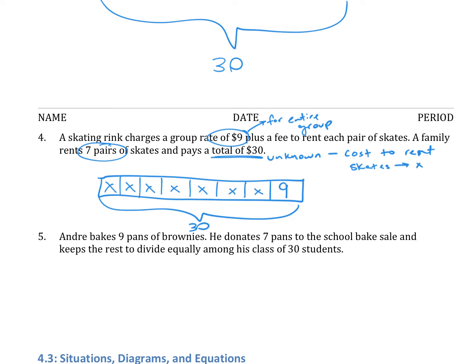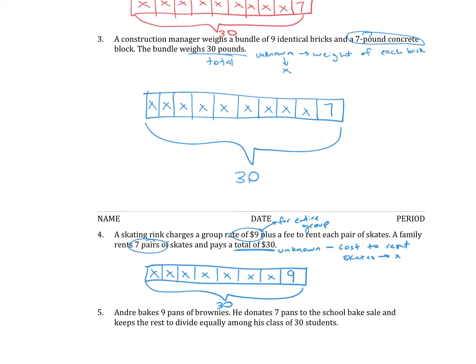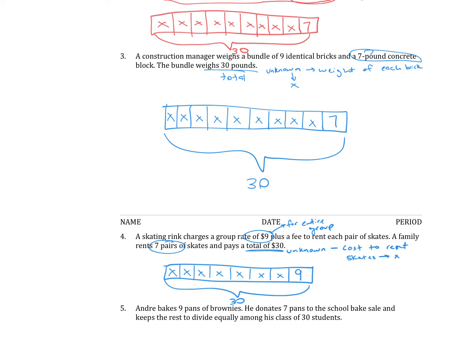All right, so just a few things to think about for the situations where we didn't have an X, so questions 3 and 4. How do you decide what quantity to represent with a variable? So it's really important that you think about what's unknown. That's why I always say identify the unknown first.